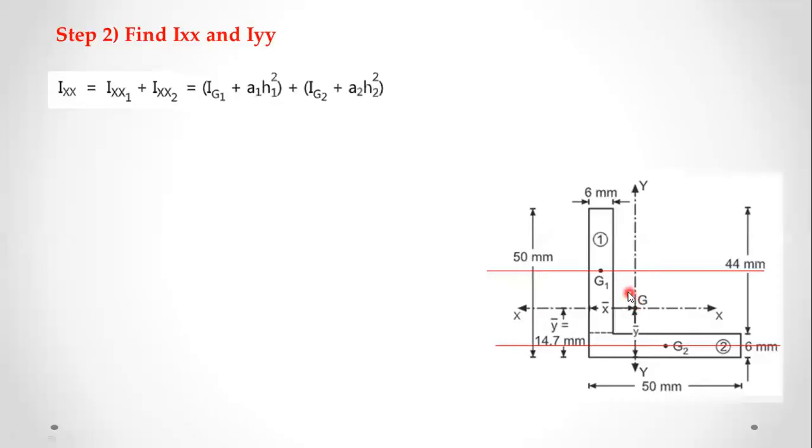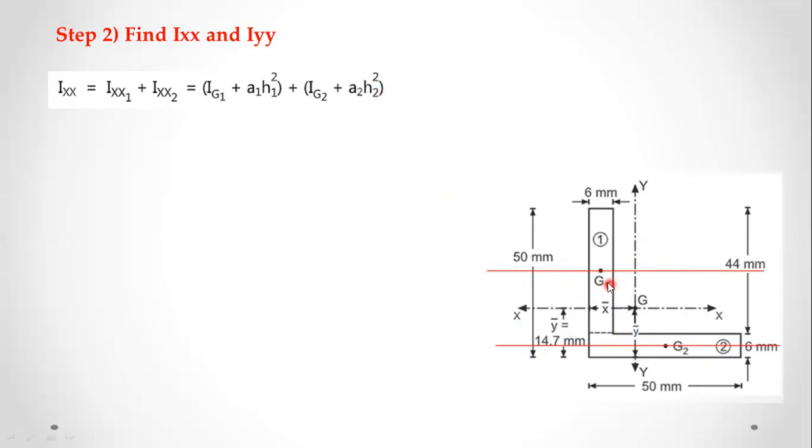There is one axis passing through G1, another axis passing through G2, and you have to find both rectangles' moment of inertia about the x-axis passing through capital G. All three axes are parallel to each other, so we have to use the parallel axis theorem for both rectangles.